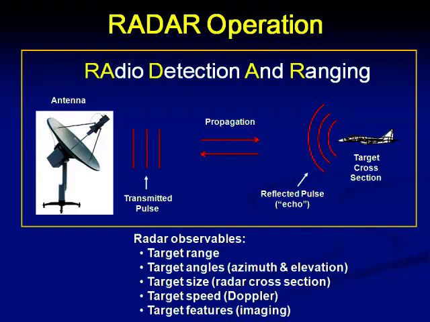Here we are going to have a transmitter and an antenna to radiate the electromagnetic waves. Usually it will be a pulse. The pulse is transmitted first and your counter will start. As the pulse travels through the atmosphere and reaches the target, it gets scattered.